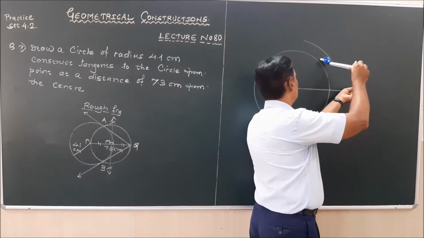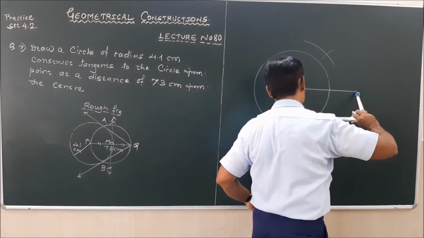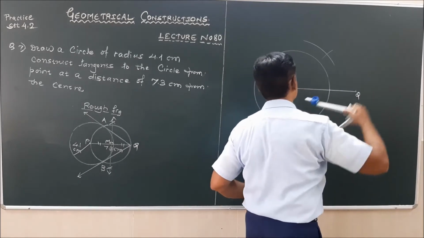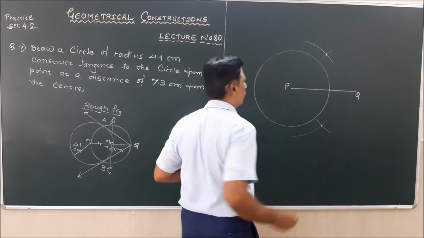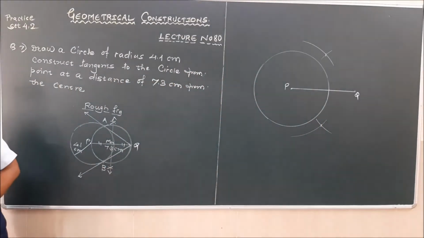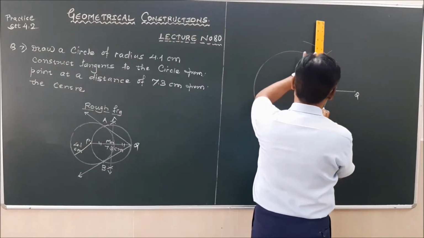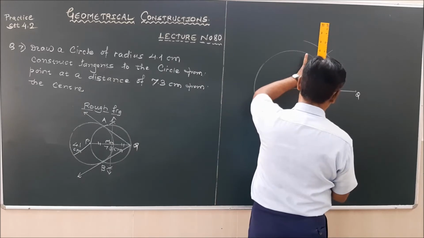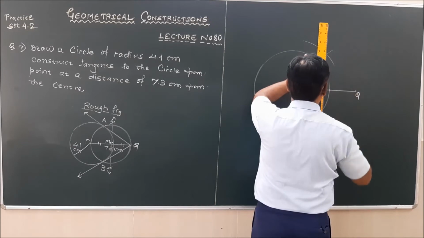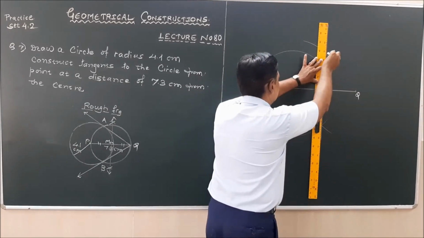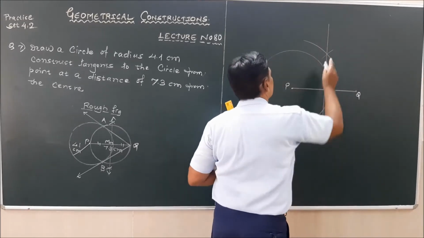Place the compass point on Q. Draw two arcs to the previously drawn arcs, and these arcs are intersecting each other. See, this is the point of intersection. This is also a point of intersection of the two arcs. This is how you finish.